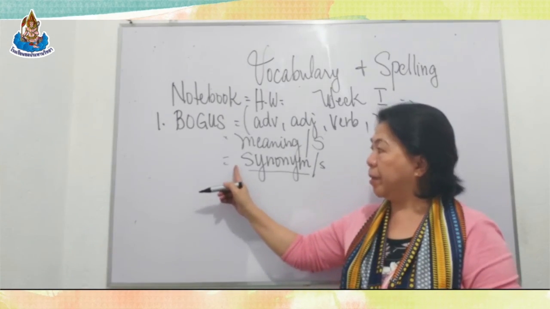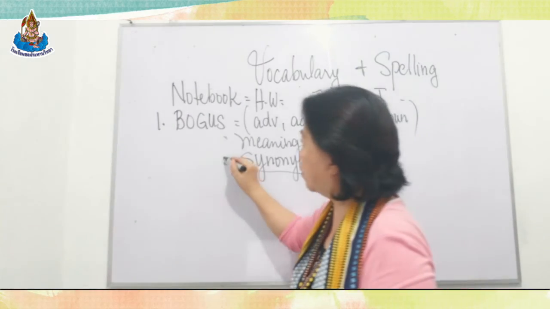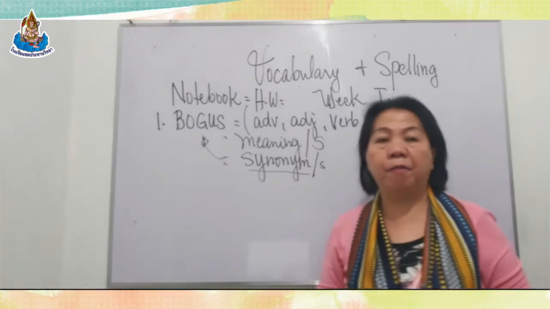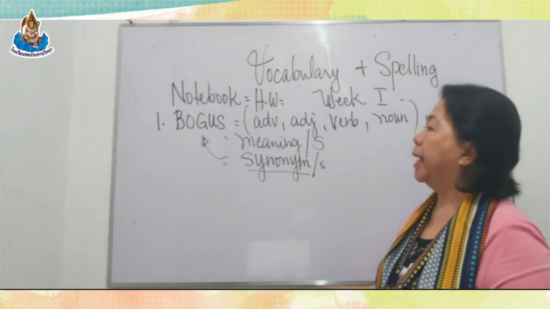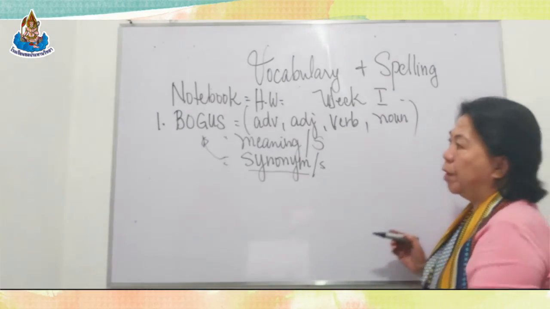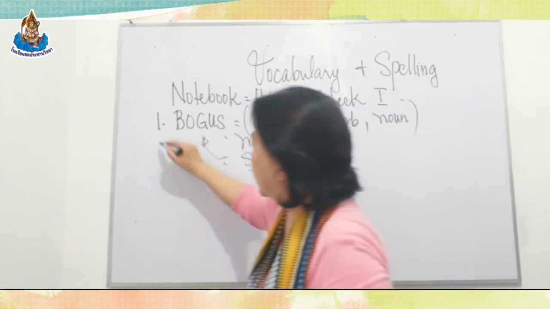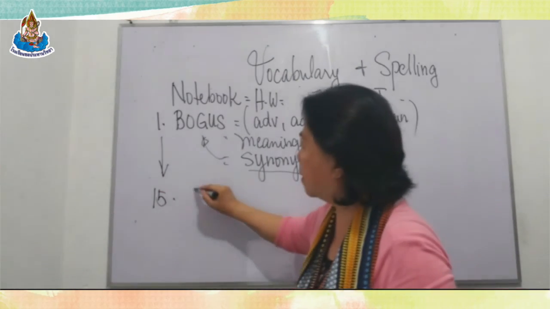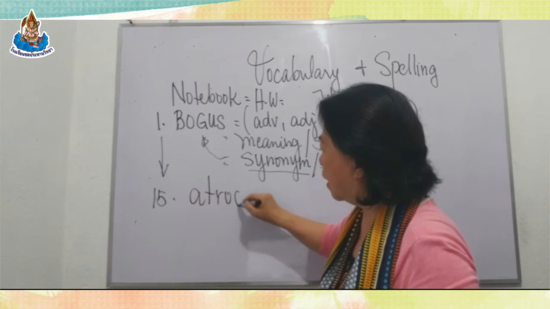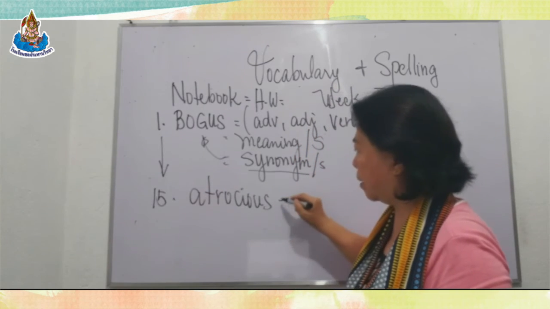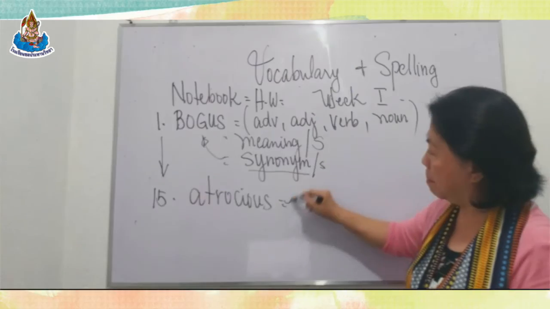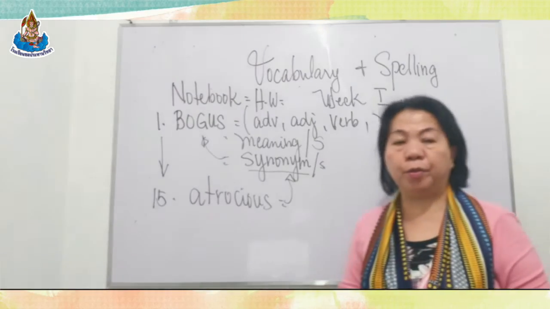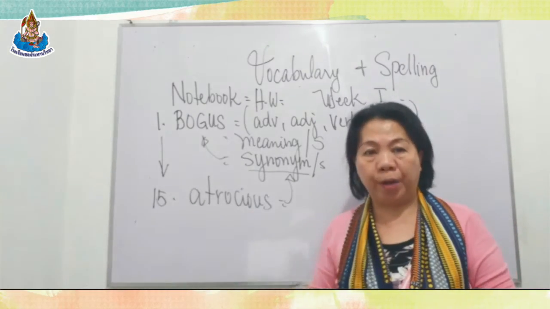This is a better way how you will be able to understand the meaning of the words. Okay, so this is what you're going to do from number 1 until the last word, which is number 15. I suppose the last word there is the word atrocious. Same pattern that you need to do for all the words.